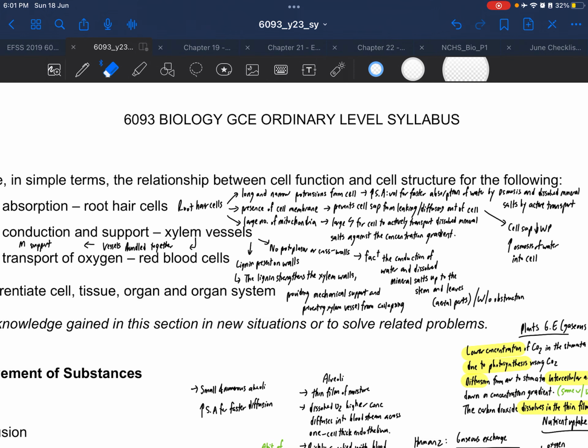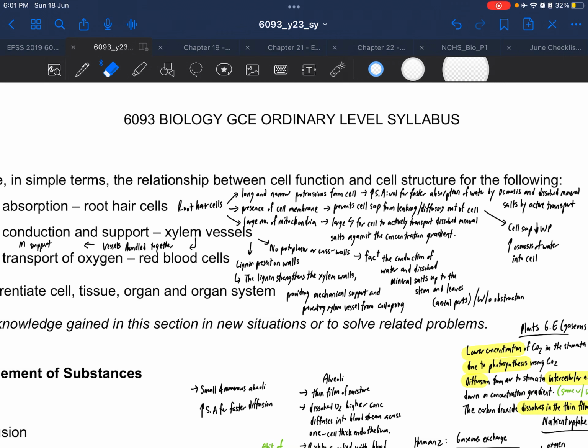So the soil solution has a higher water potential than the cell sap, so there will be a net movement of water into the cell. So basically, it's to establish a water potential gradient, so water is able to be absorbed efficiently by the cell.